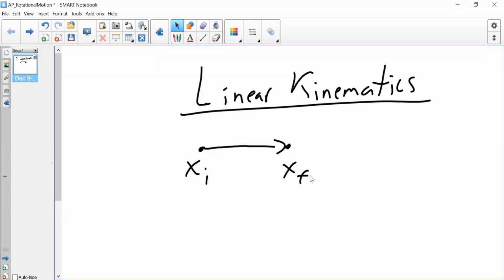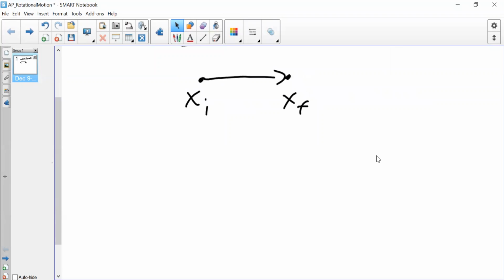So we've been dealing with that in linear dynamics so far, and thus we've had equations like this. Delta X, X final minus X initial.